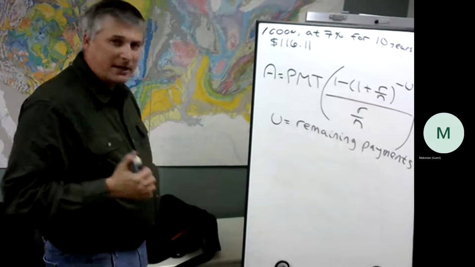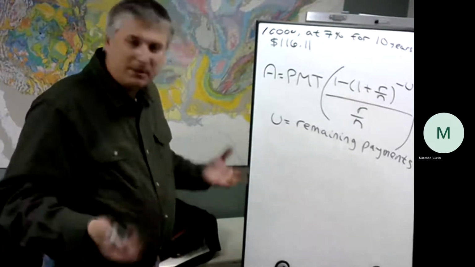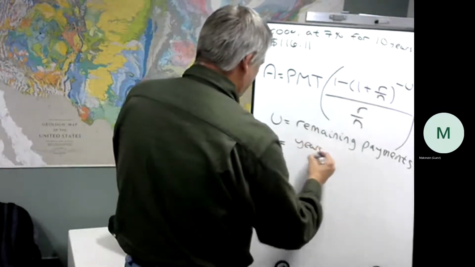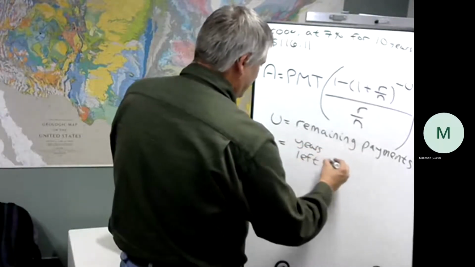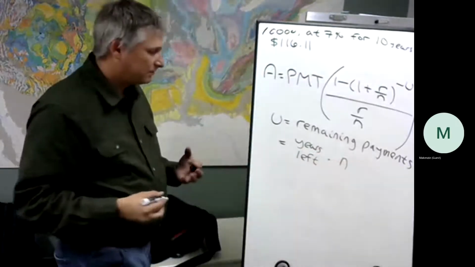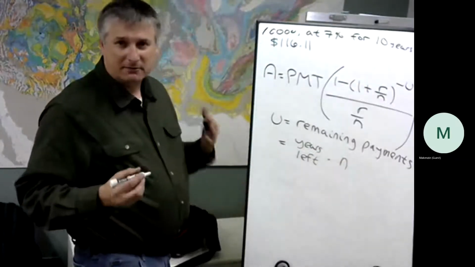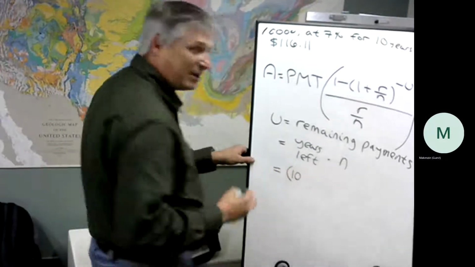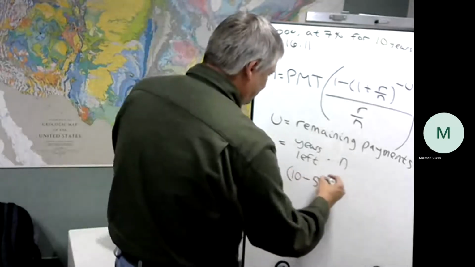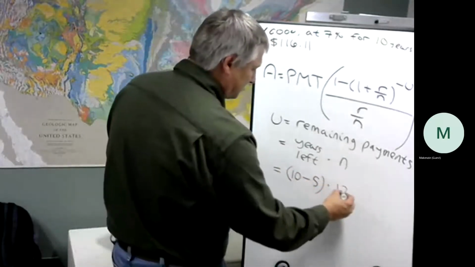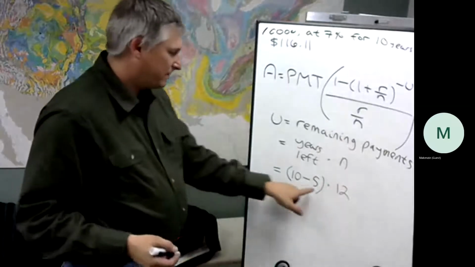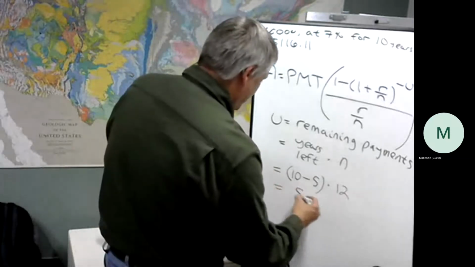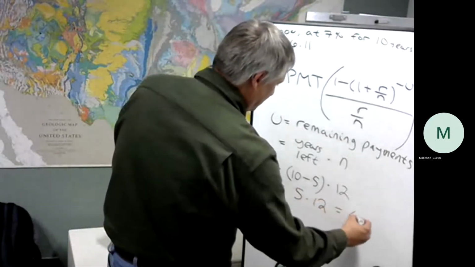So to find out the remaining payments, we want to find out how many years are left times n. Again, n is going to be 12. So let's say we're going to pay this off after 5 years. The original loan amount was going to be paid off over 10 years. We're going to pay it off 5 years early. So what's the difference between when we pay it off and when we were supposed to pay it off in the future? It's going to be 5 times 12, or 60.